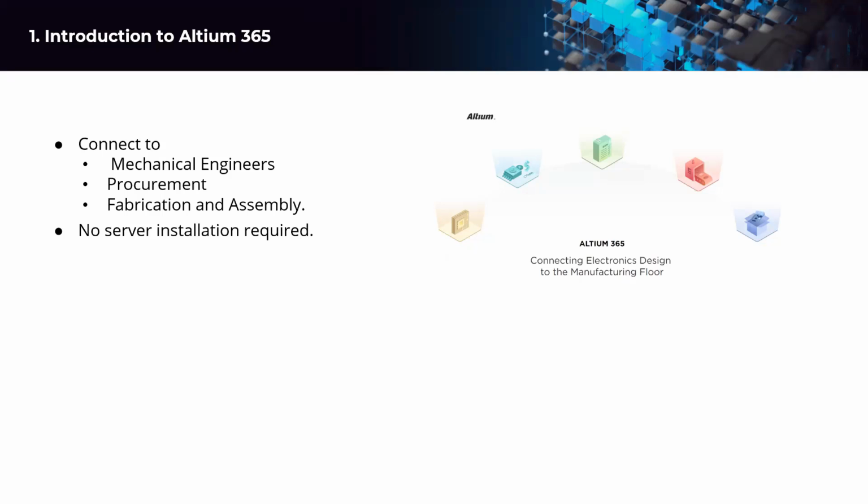No need to save your file, make it a zip and pass it to them, or export it using some DXF file or Parasolid file. No need to do all these things. You can just use the Altium CoDesigner panel within the software.